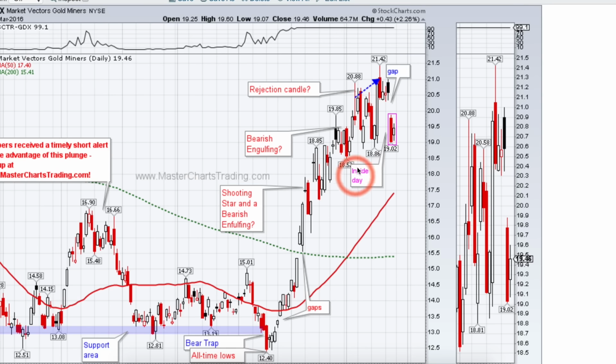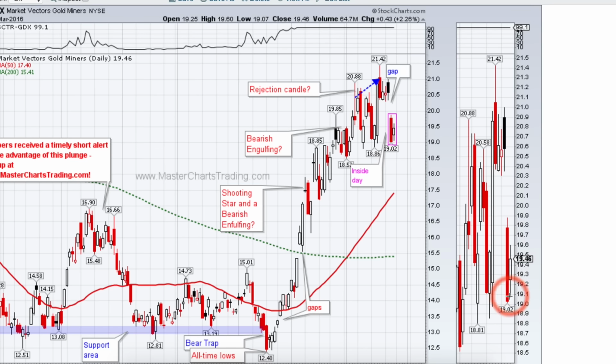But in any case, when gold dropped here on Wednesday, the miners actually gapped down quite a large gap here and then continued lower. Next day we had what's called an inside day, where this entire daily trading range was inside Wednesday's trading range.